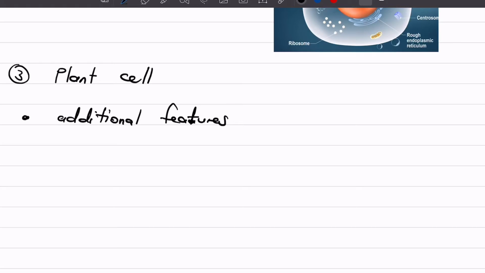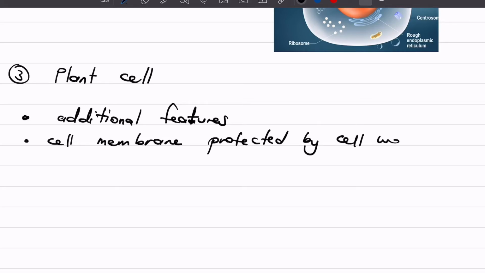Okay, the cell membrane is protected by a cell wall, which is made up of cellulose. What is the function of the cell wall?